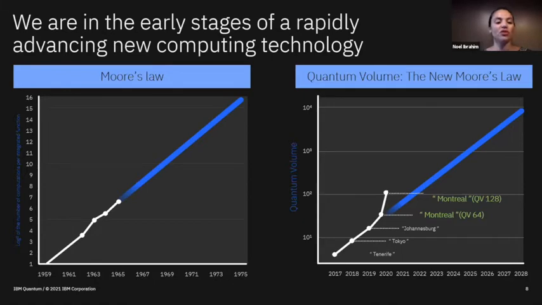However, in the long term, error corrected quantum computers will become available, and they will require about 1,000 physical qubits for every logical qubit. However, as you can see, progress is happening quite rapidly, and especially with the Montreal system here, we're getting ahead of the curve now with a quantum volume of 128 on IBM systems.